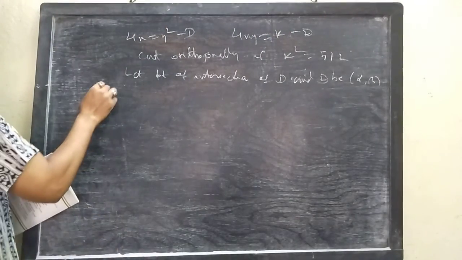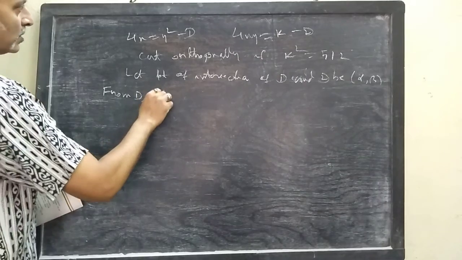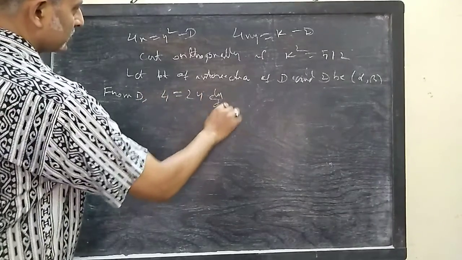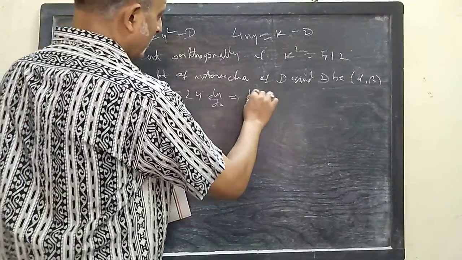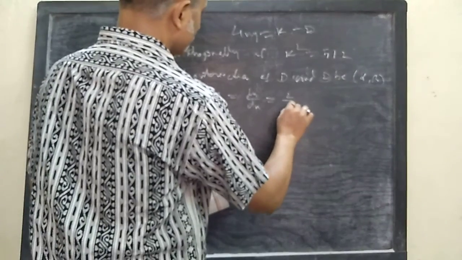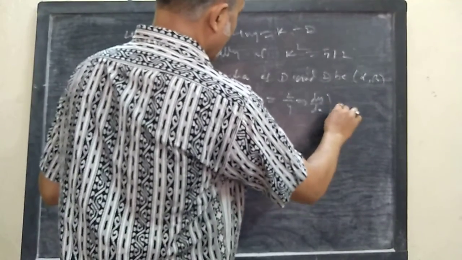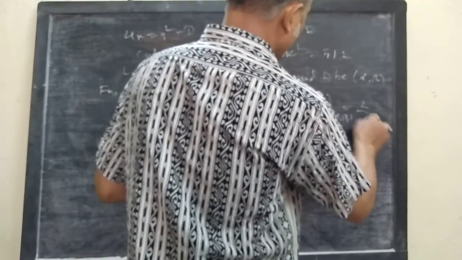Now from 1, 4 equals 2y dy/dx, differentiating both sides with respect to x. So we get dy/dx equals 2 by y. That implies dy/dx at their point of intersection (alpha, beta) will be 2 by beta.